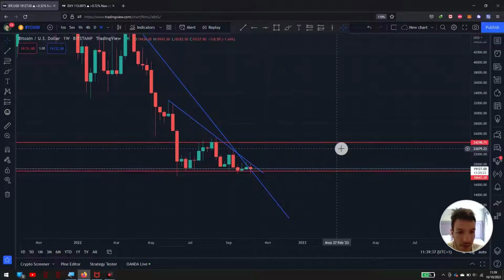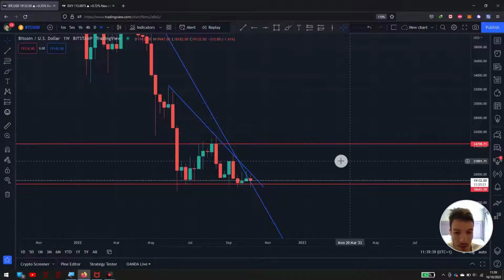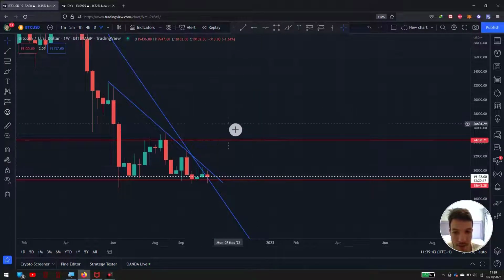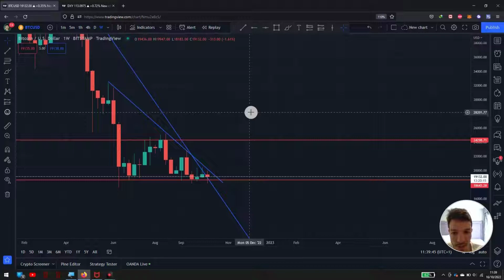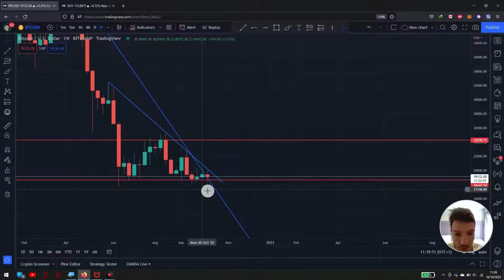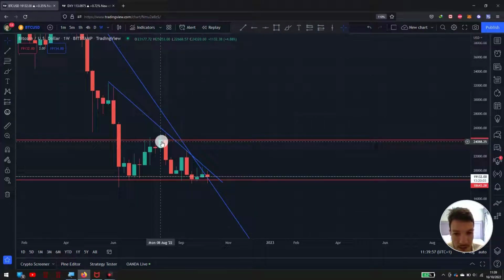But what if Bitcoin decides to go up, or decides to go down? What are the next levels we can look at? Which resistances do we have next? You can see we already have a resistance here, and we also have a resistance here.